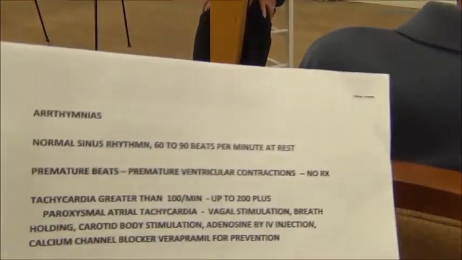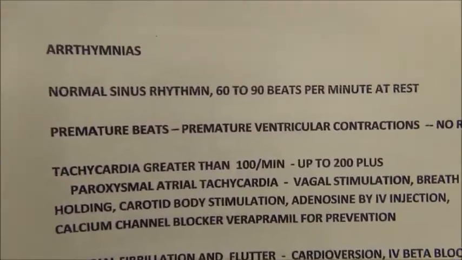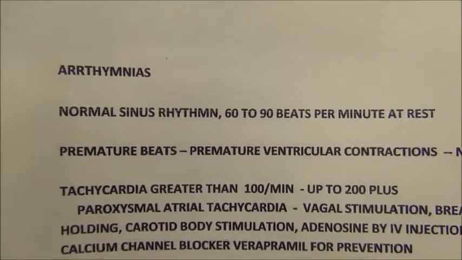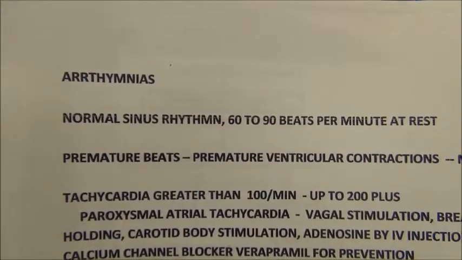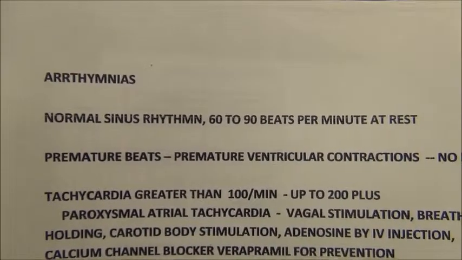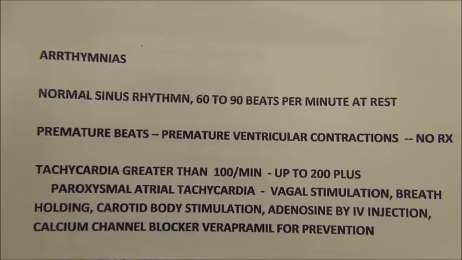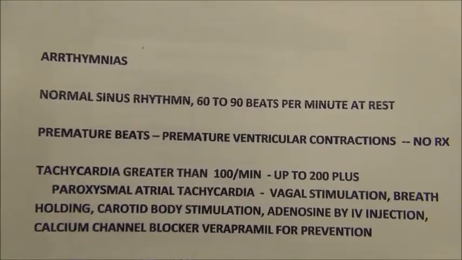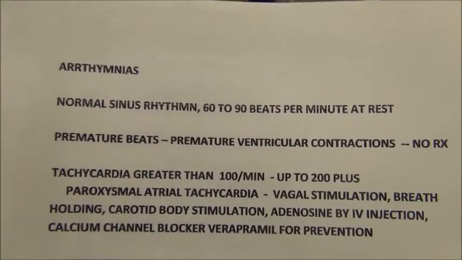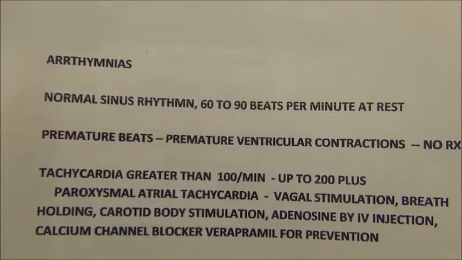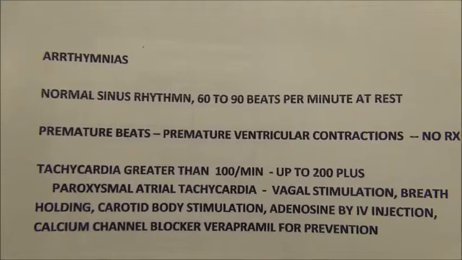So we have normal sinus rhythm, normal heart rate, 60 to 90 beats per minute. A resting rate over 100 should be investigated for either disease or heart problems. Disease meaning systemic disease. A heart rate below 50 or around 30 demands a pacemaker to keep the rate around 70. The ordinary pacemaker runs around 70.